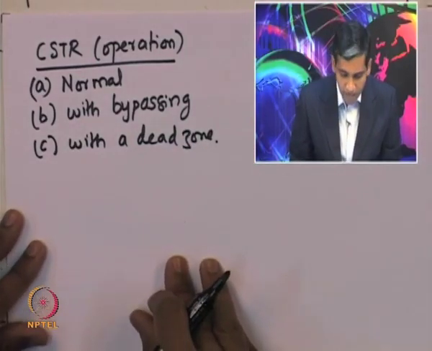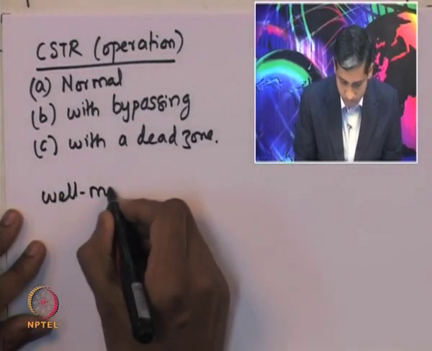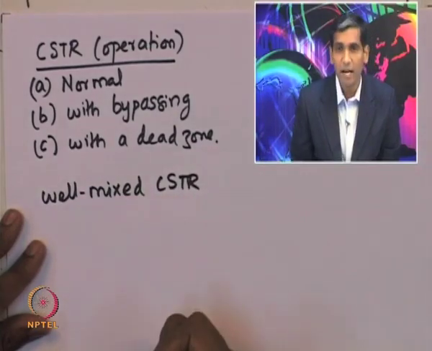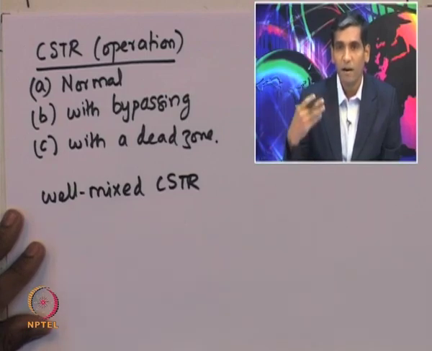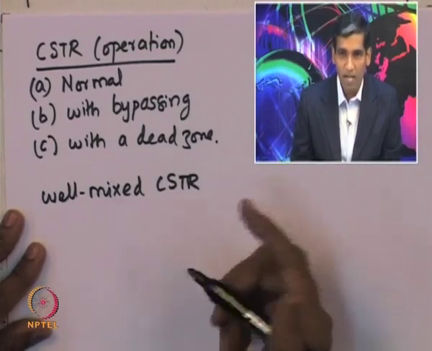Now, for a well mixed CSTR, suppose I insert a tracer into the CSTR. Then one can write a mole balance for the tracer.